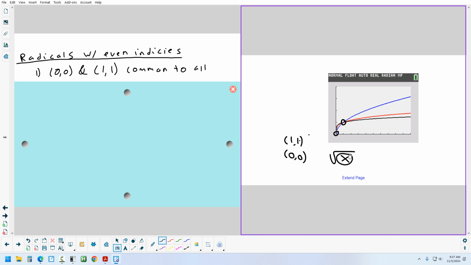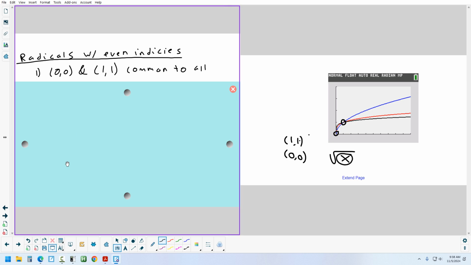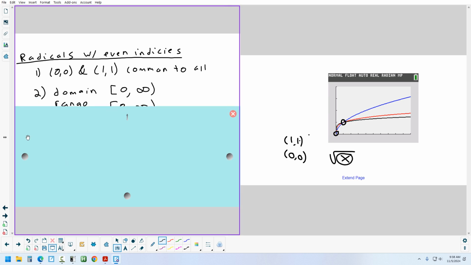You can take the square root of 0. A lot of people get that mixed up with dividing by 0. Can't divide by 0, but you can definitely take the square root of 0. You get 0. So 0 is the smallest number you can plug in. And what's the highest number? Infinity. So that's your domain: 0 to infinity.